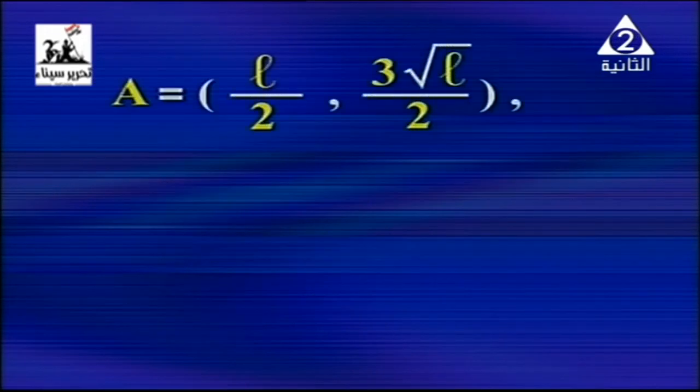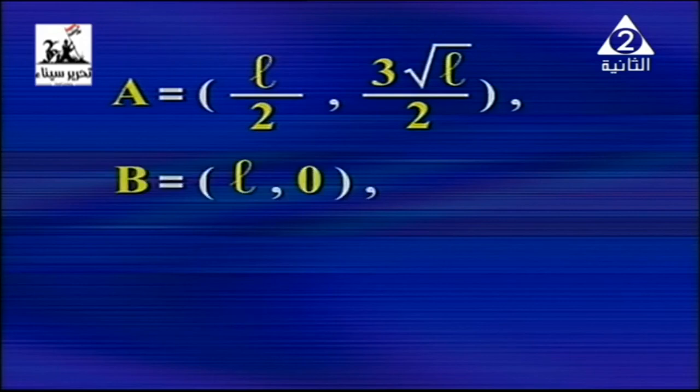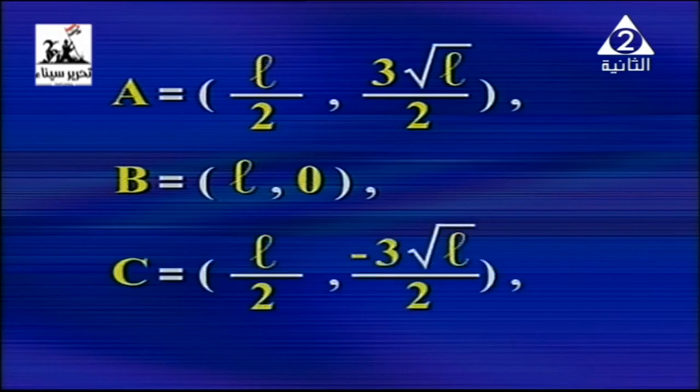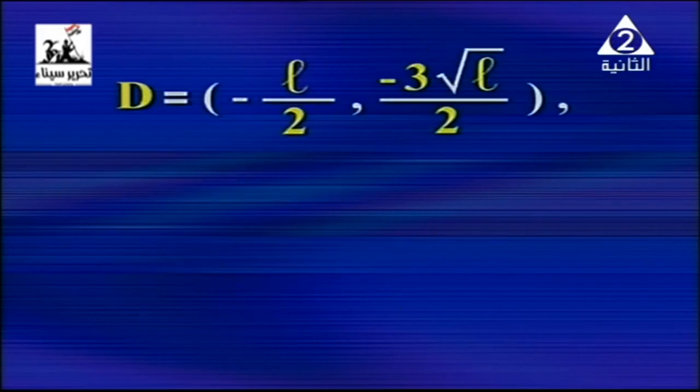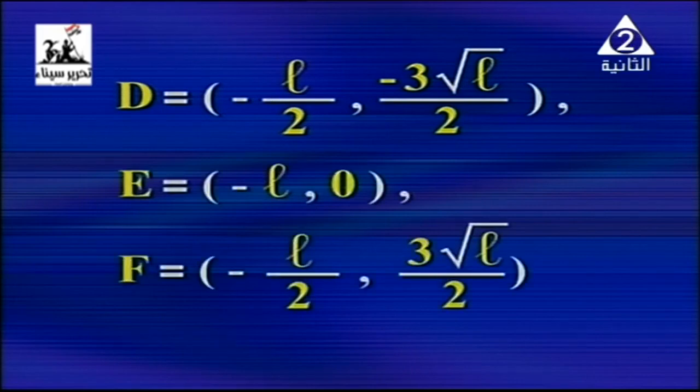Point A has coordinates L over 2 and root 3 L over 2. Point B, coordinates L, 0. Point C, L over 2 and negative root 3 L over 2. Point D, negative L over 2 and negative root 3 L over 2. Also point E, negative L and 0. F has coordinates negative L over 2, root 3 L over 2.